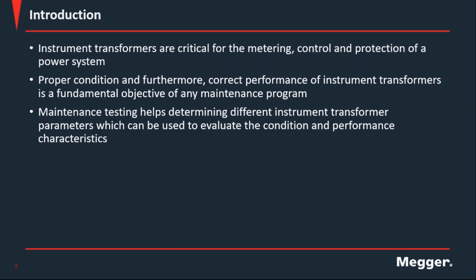So there are several characteristic assessments, and we are focusing mainly on one here. Throughout the presentation, I'm going to be talking mainly about CTs, but of course, these concepts apply also to VTs, voltage transformers.